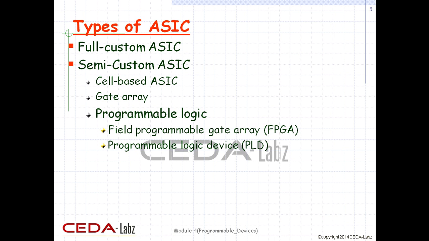ASIC can be classified in two types, full custom ASIC and semi-custom ASIC. The semi-custom ASIC is itself classified in three parts: cell-based ASIC, gate-based ASIC, and programmable ASIC. Further, programmable ASIC can be of two types, PLDs and FPGA.